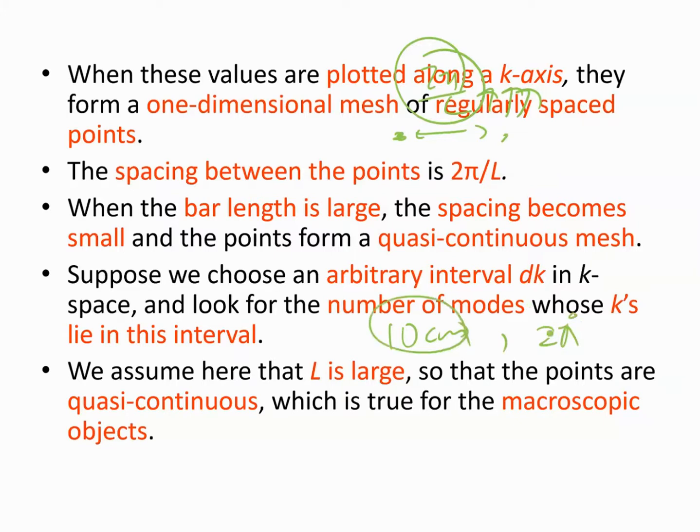So 10 cm is much larger than 2 angstrom. So we can assume that L is large, so that the points are quasi-continuous. This is true for the macroscopic object, because in our real world, all the solids are relatively large compared with the distance between two atoms.